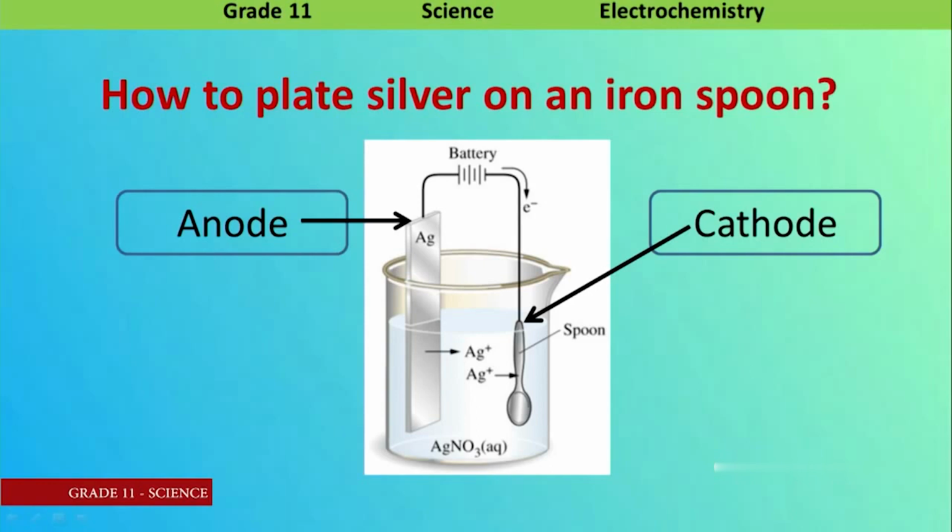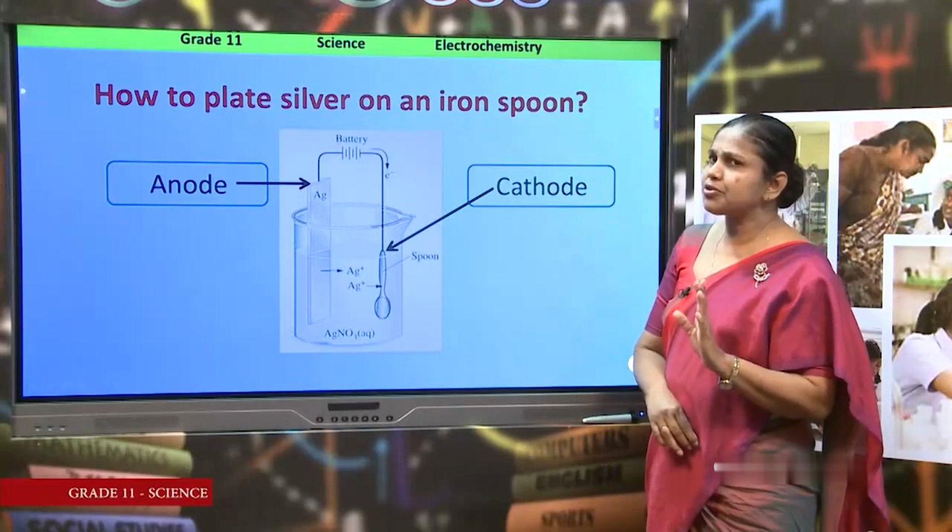Now you know, children, the iron spoon must be taken as the cathode and the solution must be a solution that contains silver ions. An example of a silver ion containing solution is silver nitrate. And the anode must be a plate or a rod of silver. Okay, right. That's all about electroplating.